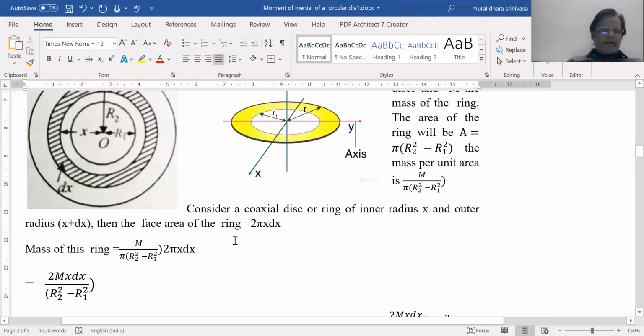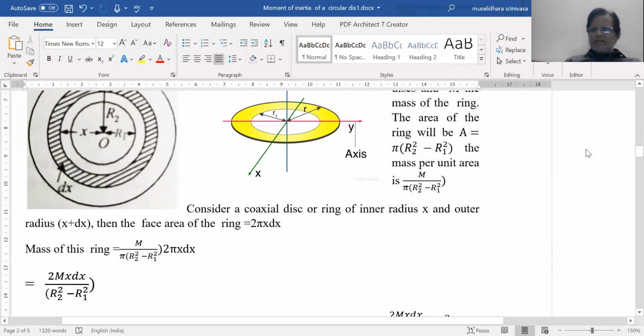When the inner radius is x and the outer radius is x plus dx, what happens to the area? If you calculate, it turns out that the area of the disc becomes 2 pi x dx. The dx is the thickness.